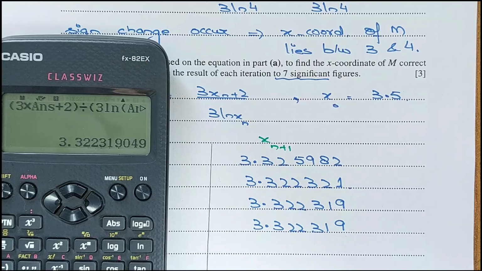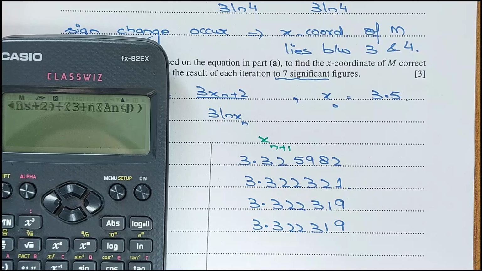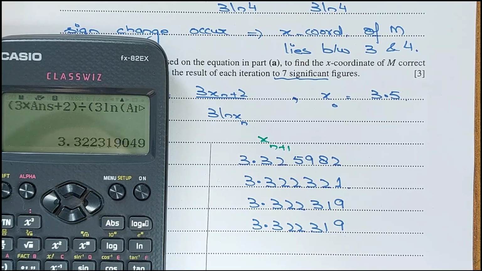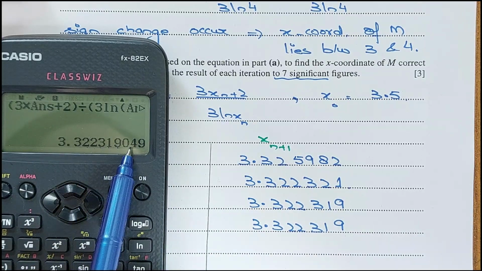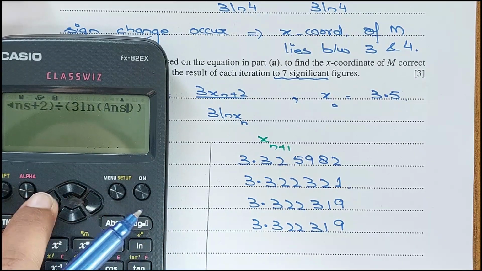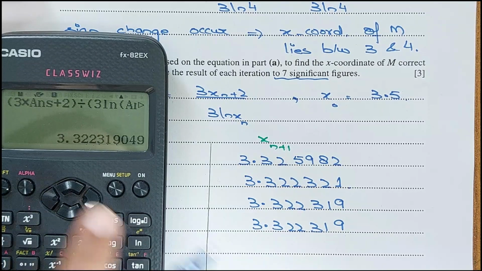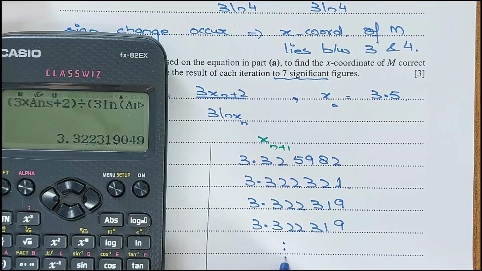Again, let me check for the answer. It is 3.322319, right? And then checking for the answer again, it is 3.322319049 and so on.